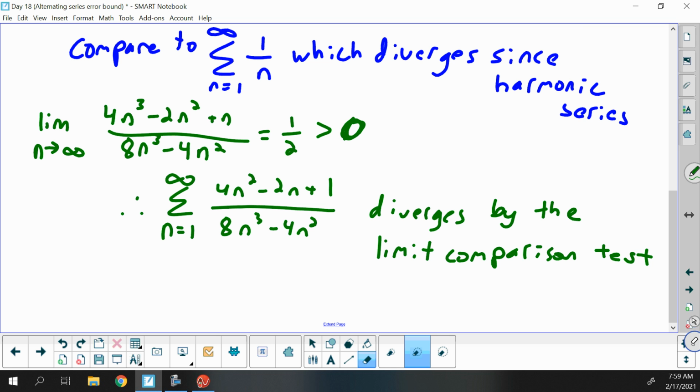So if the alternating series test does not apply, try our other tests, and that was just a little bit of review of ones from the first half of the unit.